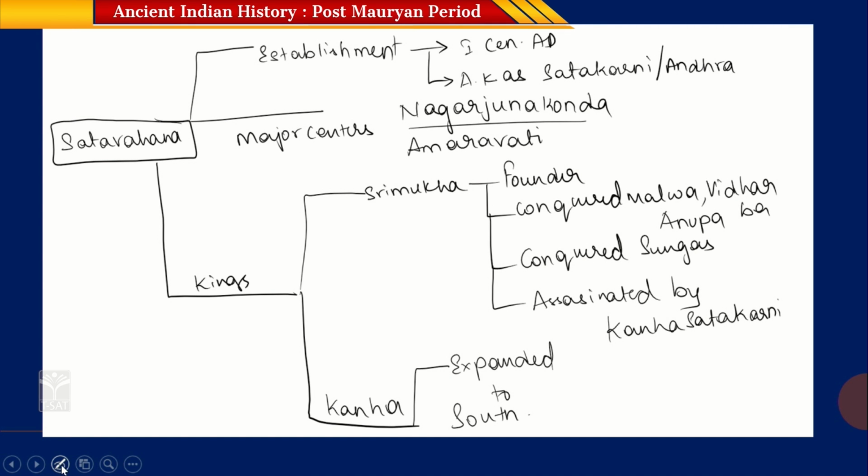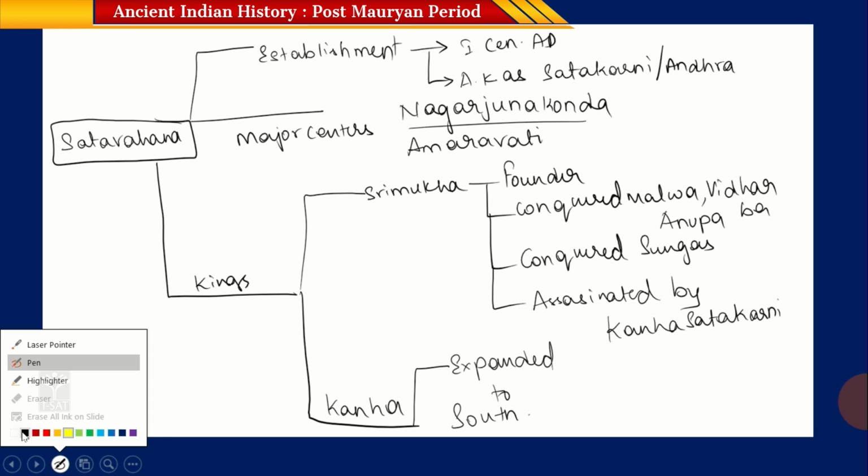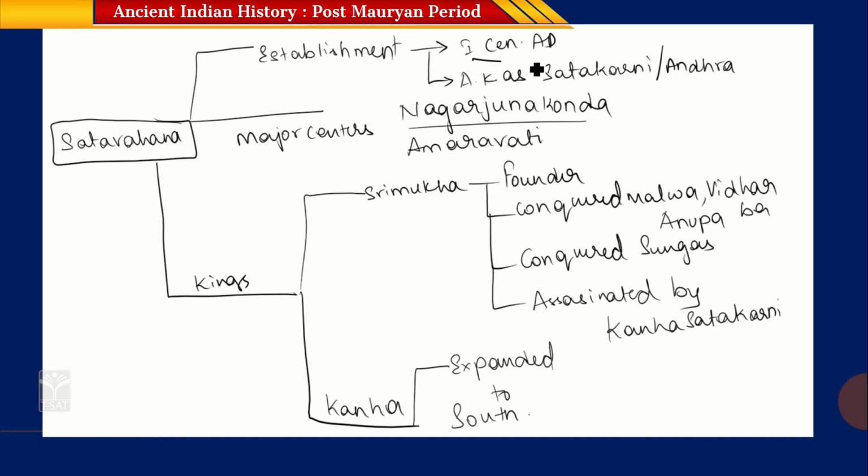The Shatavahana kingdom really came to power in approximately the 1st century AD. They were also known as Shatakarnis or Andhras or Andhrikas. Even Greek books of that period call them Andhrikas.